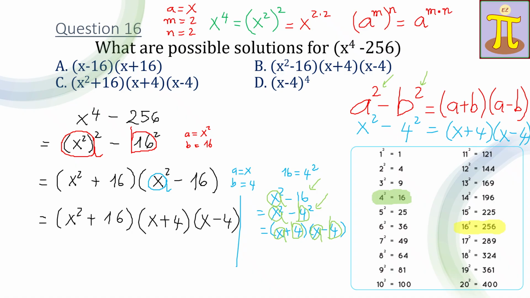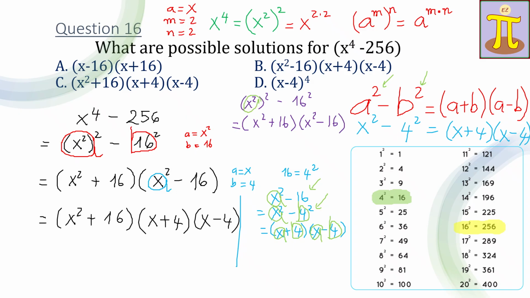It's saying a is the x squared. So it can be read as x squared, all squared, minus 16 squared. Then you will have x squared plus 16 times x squared minus 16. So let me highlight what is the a.